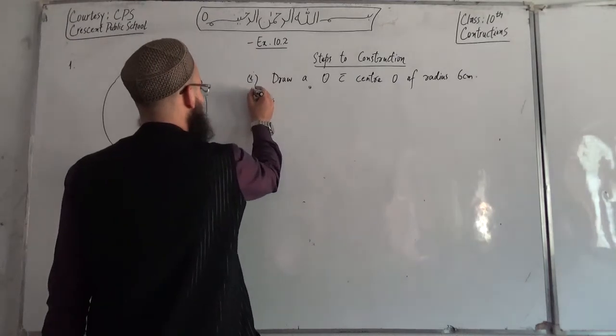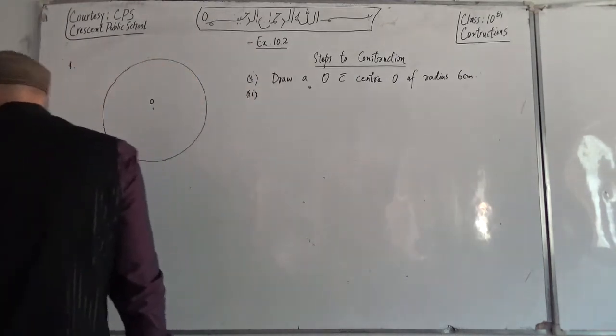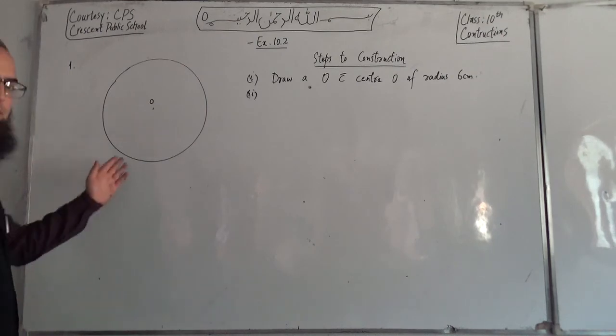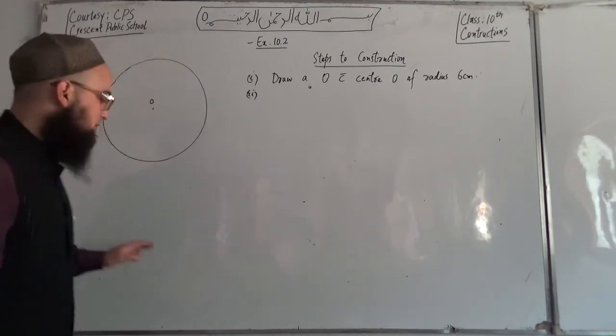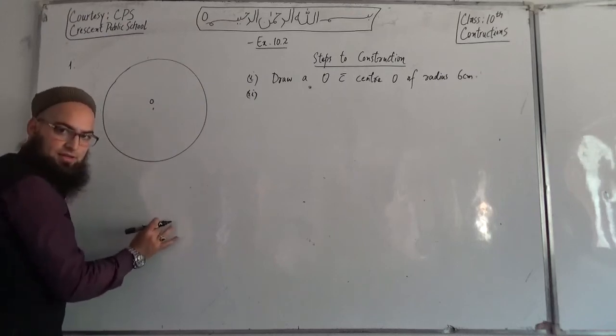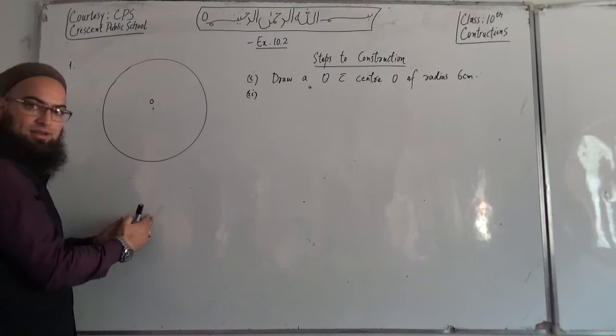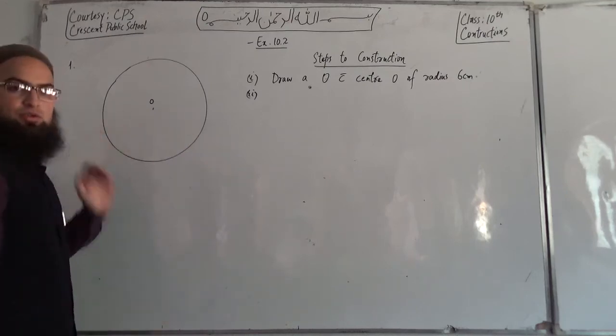Now step 2. The question says from a point 10 centimeter away from its center, take a point. Let us say P is a point which is 10 centimeter away from the center. From that point construct 2 tangents to this circle.